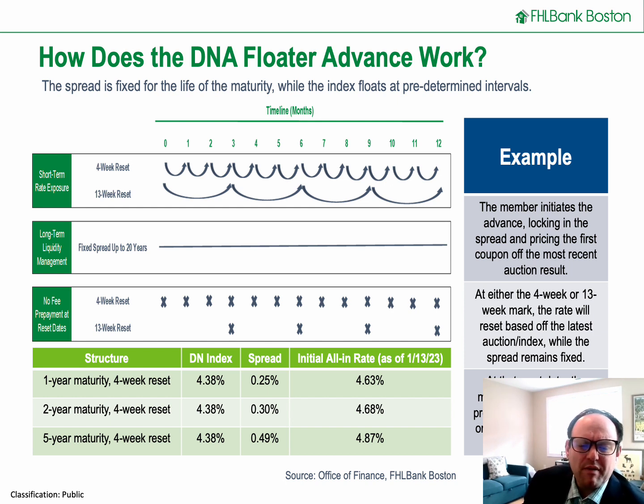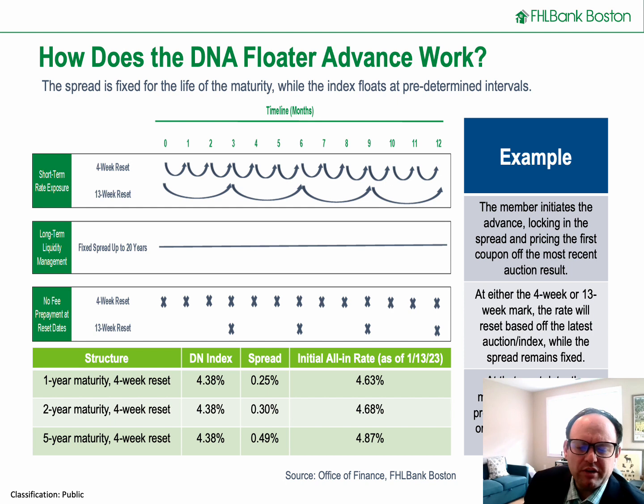Looking at the table on the bottom, we give some examples of recent pricing for the 4-week variety of the DNA floater advance with different maturities. You can see the 1-year maturity advance priced at a spread of 25 basis points. And as you move further out the curve, as you might expect, for longer liquidity, the spreads begin to widen: 30 basis points at the 2-year mark, 49 basis points at the 5-year mark.